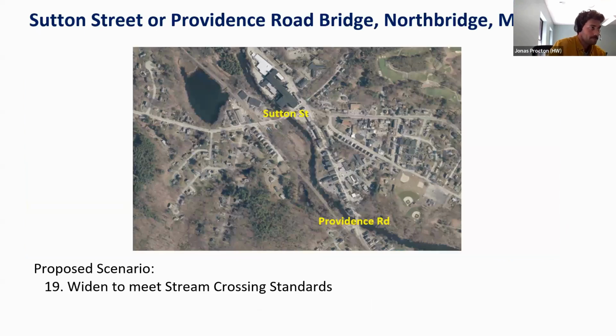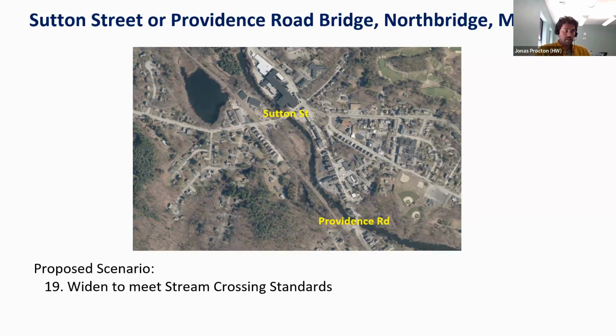And then our 19th and 20th scenarios, to get to our total of 20, just going back to some of the bridges that we were looking at before. So Sutton Street and Providence Road in Northbridge, these are some locations of known flooding, bridge overtopping. The bridges, like Steph said earlier, might actually be just in the floodplain or in the floodplain elevation.